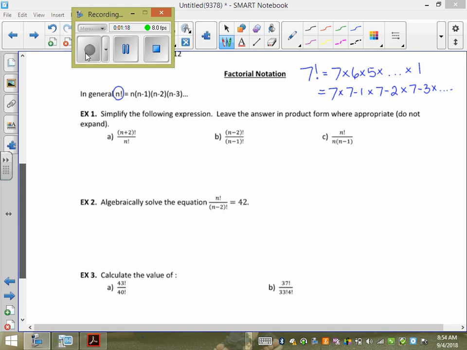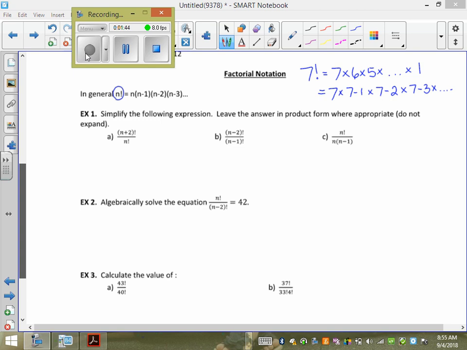But if it's n, it's the same thing. Instead of a 7, we're going to have n times n minus 1 times n minus 2 times n minus 3, dot dot dot forever, because we don't know what will get us to 1 because it's an n, not a 7. We agree?